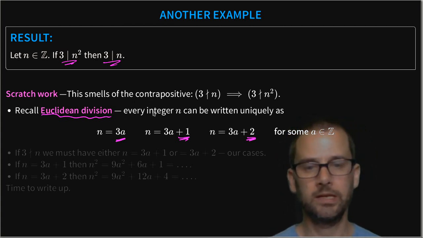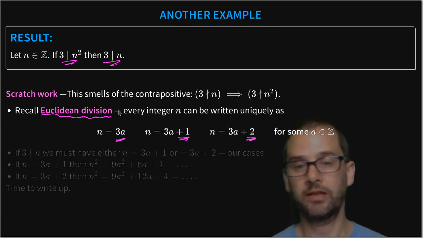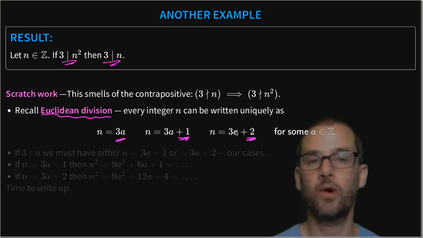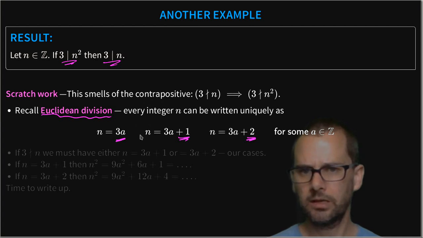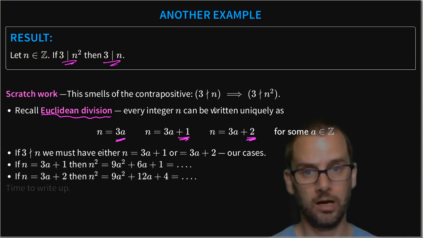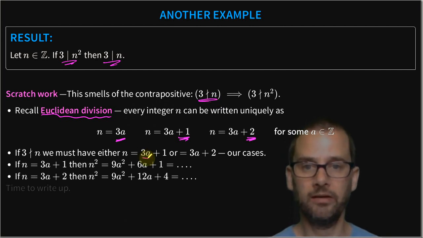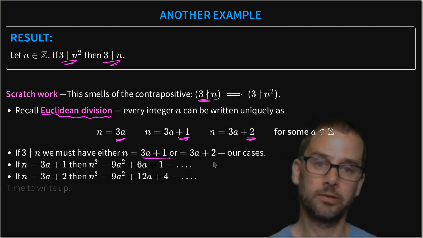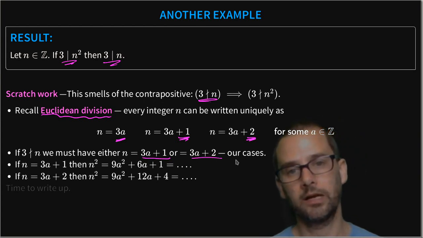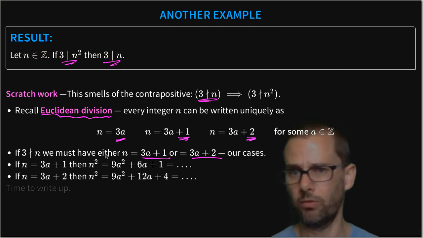So when we consider numbers divided by 3, we get uniquely one of these 3 cases. Now, since 3 doesn't divide n in our hypothesis, since we took the contrapositive, we must either have n is 3a plus 1 or n is 3a plus 2. Those are our 2 cases. And so we can just explore what happens.